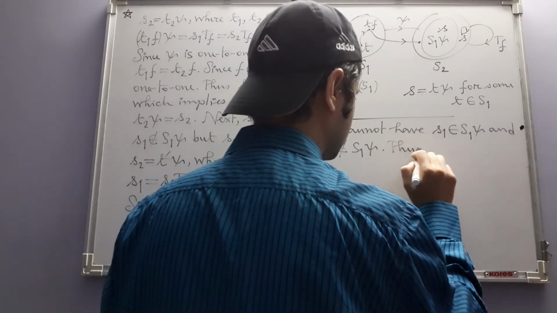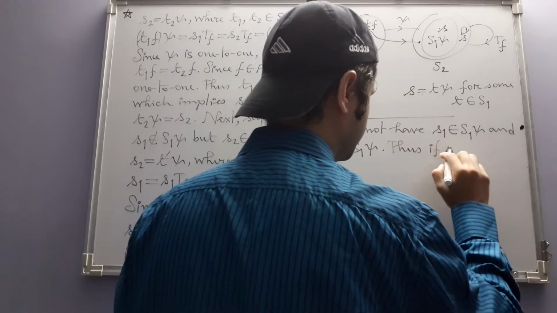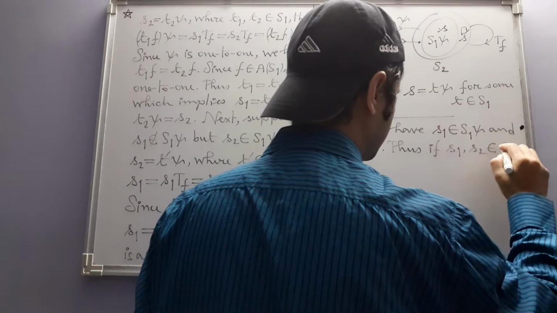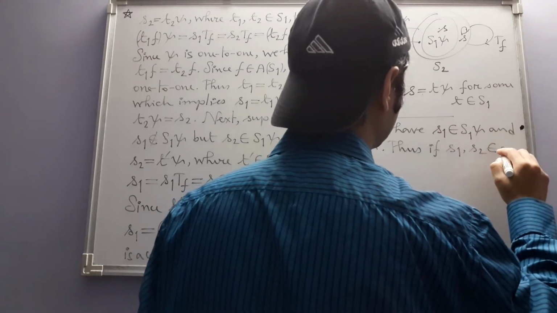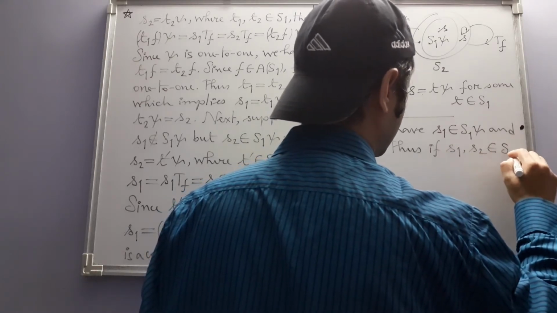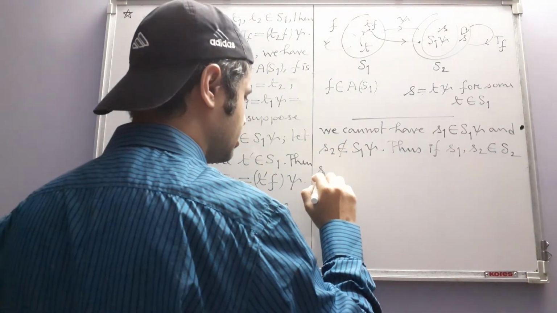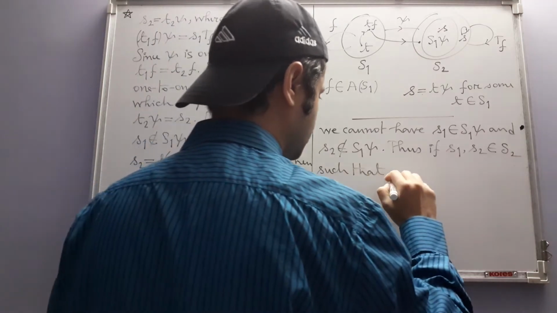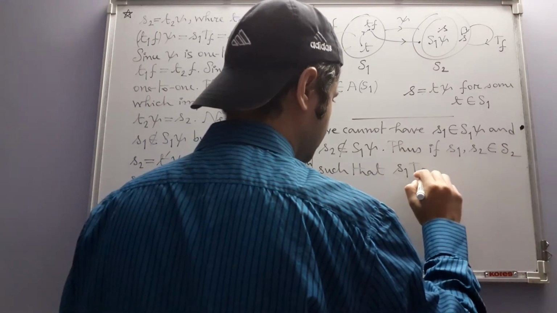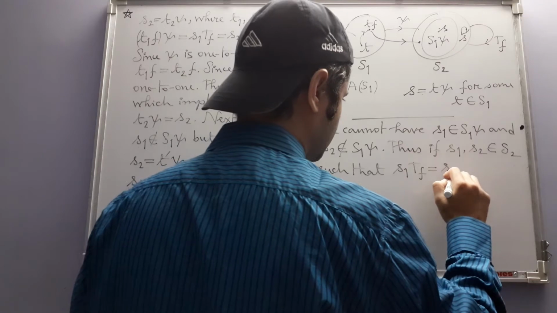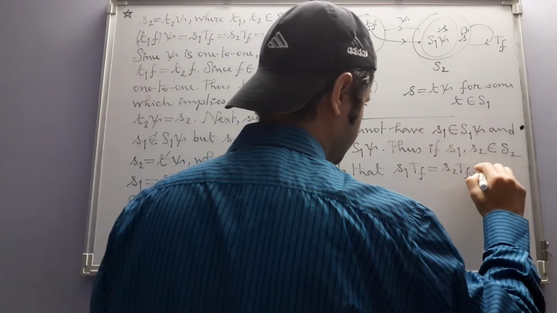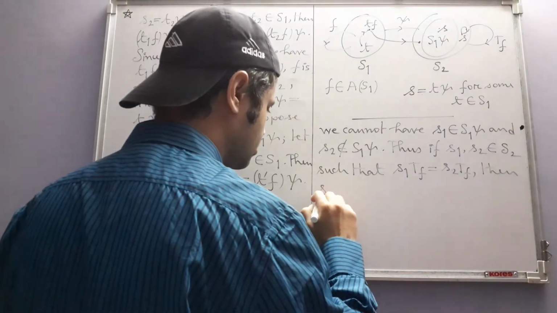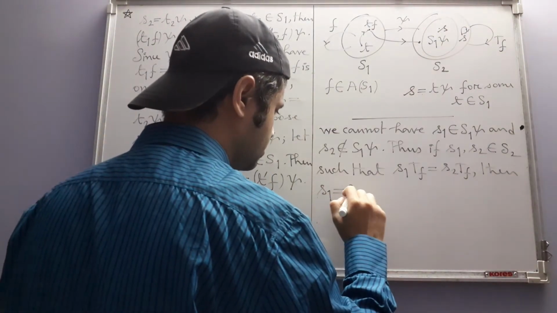Thus, if S1 and S2 belong to S2 such that S1 TF is equal to S2 TF, then in the other cases we have already shown that S1 is equal to S2.